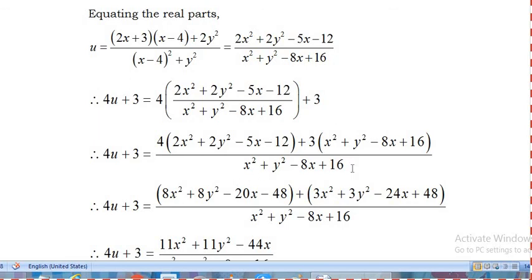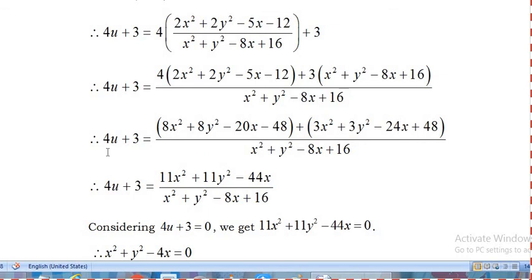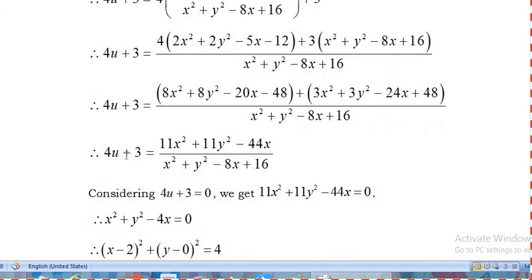This is the LCM, and 4 times this expression plus 3 times the LCM. Therefore, 4u + 3 is equal to [8x² + 8y² - 20x - 48 + 3x² + 3y² - 24x + 48] divided by x² + y² - 8x + 16.